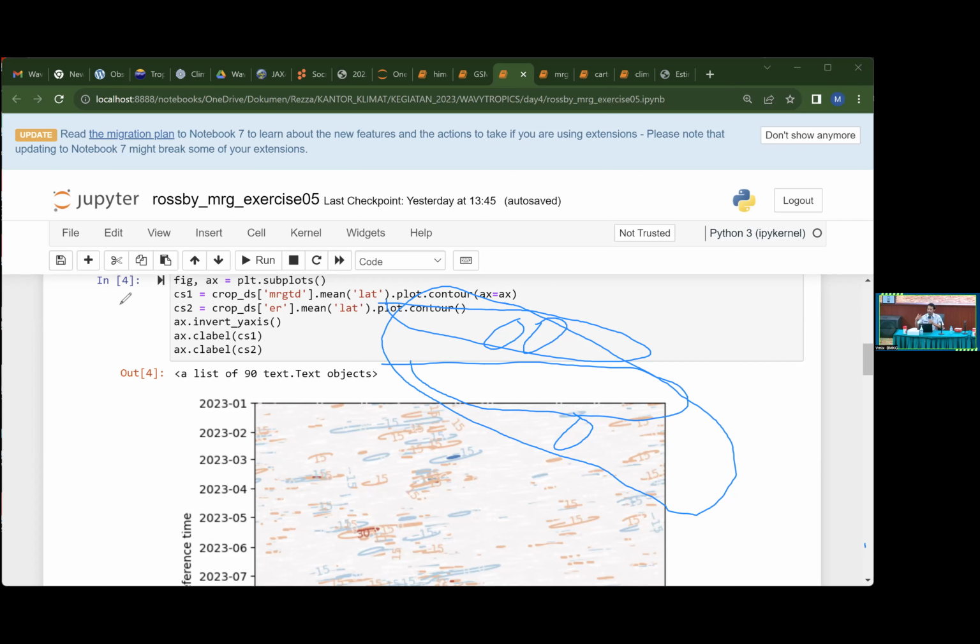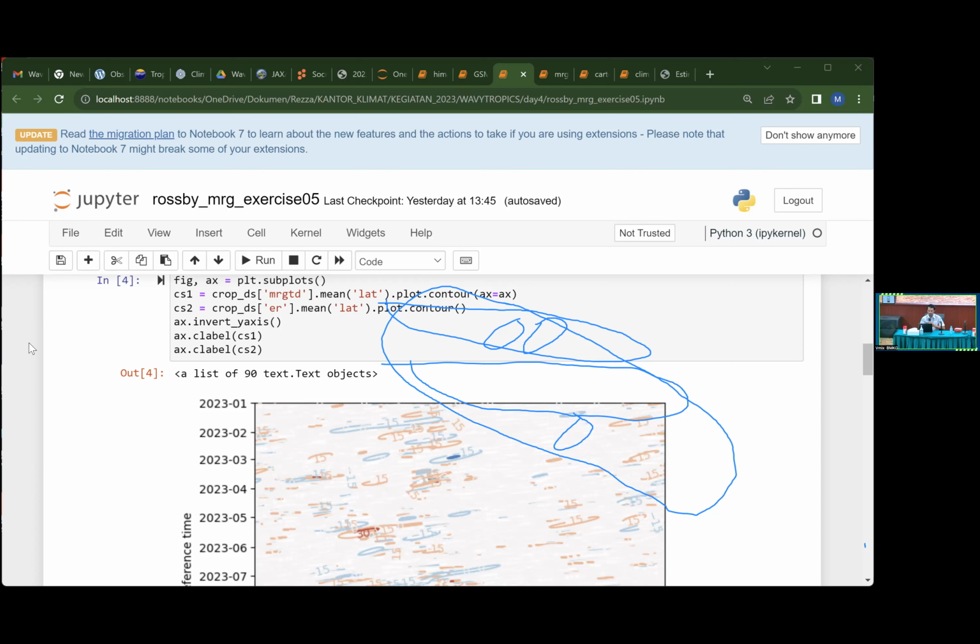And for MRG it is asymmetric, so only one circulation low area exists, and in the southern hemisphere it does not exist. That is an important feature we need to analyze.